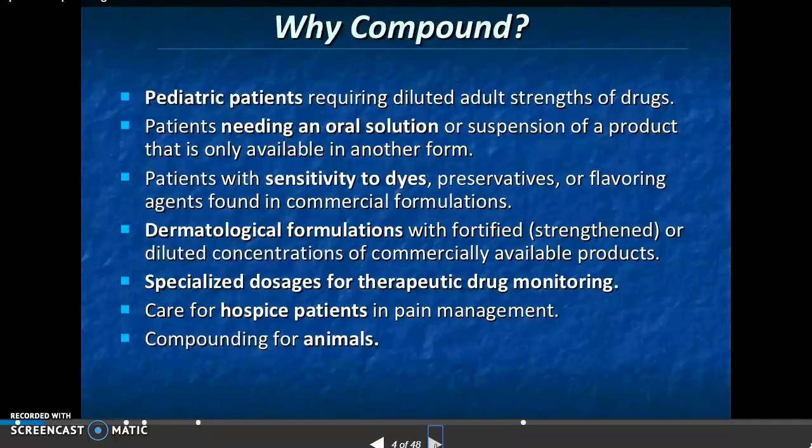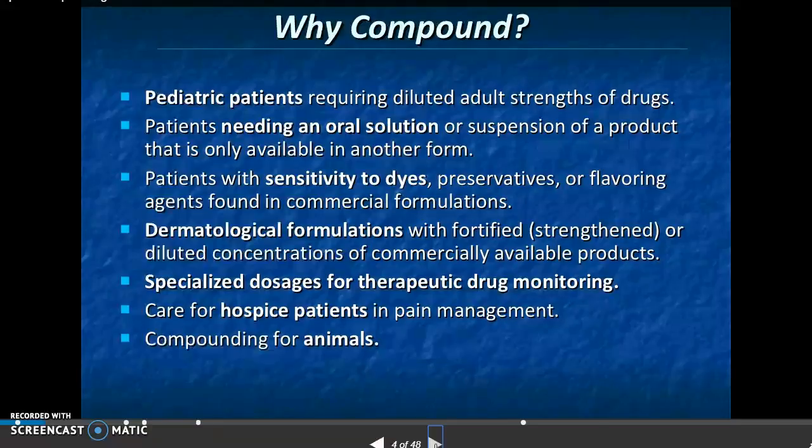You have dermatological formulation, and that could be strengthened, etc. Or you have diluted concentration of commercially available products. And so, again, that is done within a compounding pharmacy in many cases.